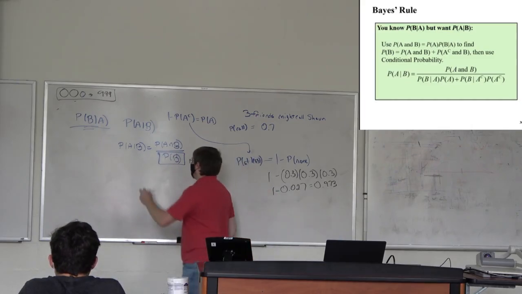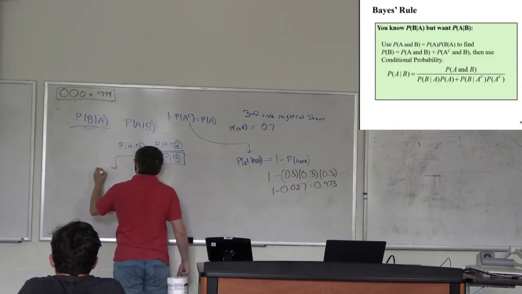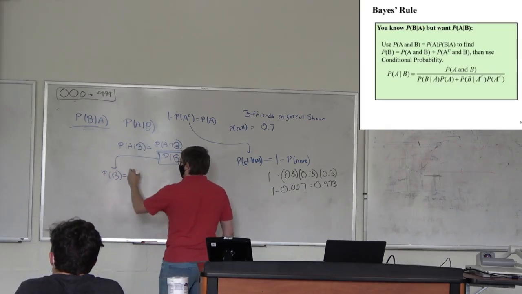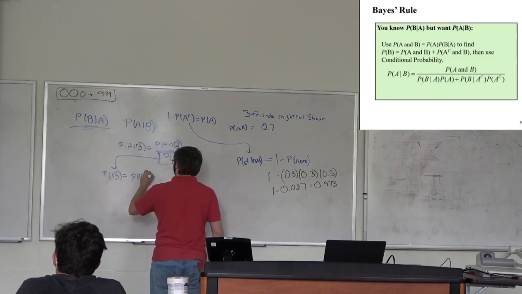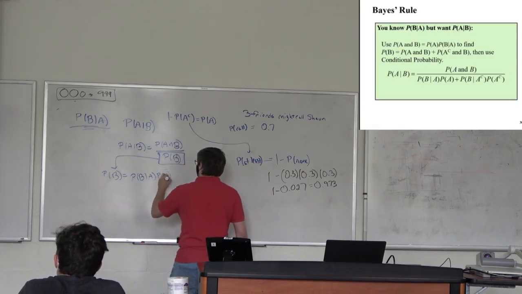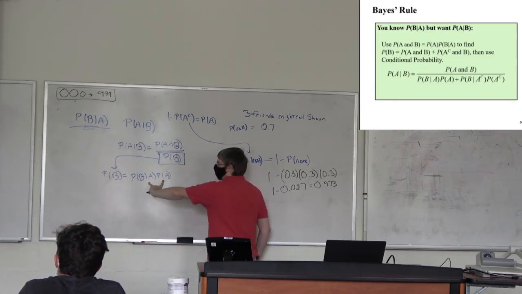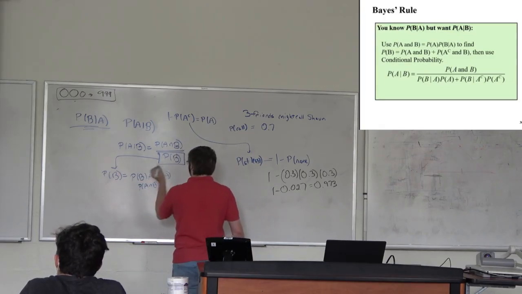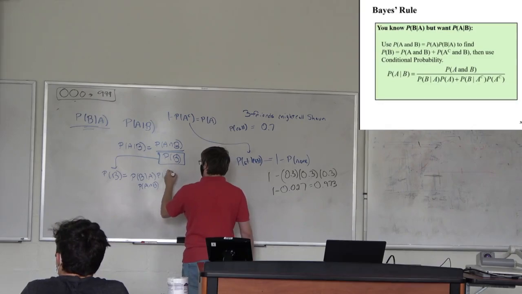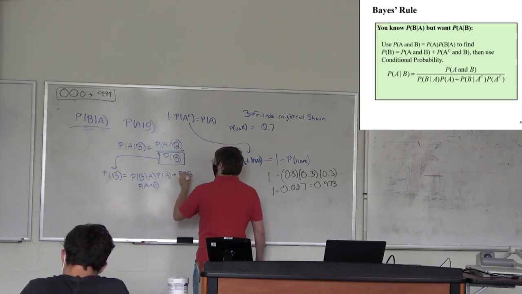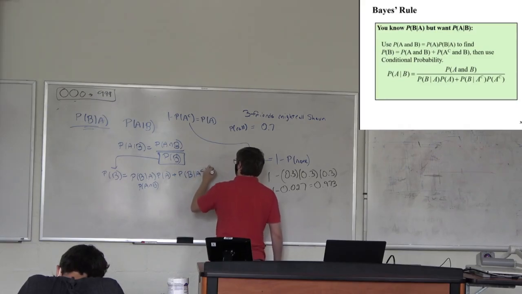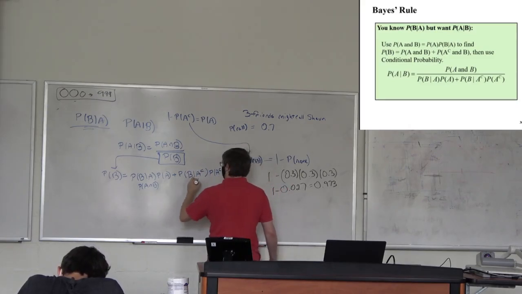And so what I can do is I can consider all the complements in that case. So what if A happens? So this is for A, but this only gives P of A and B. But this also gives P of B given A complement times P of A complement, and this gives me this.